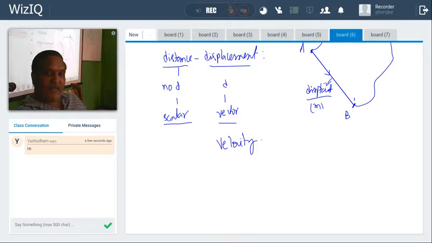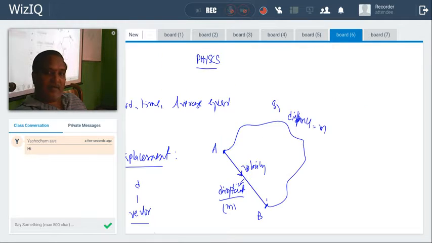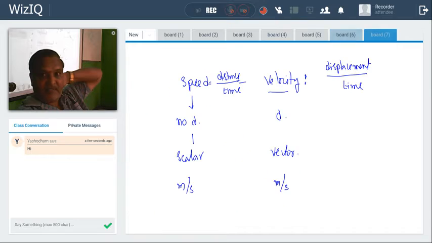But if you have directed speed, towards the displacement, then we call it a velocity. And here we call it speed. It has no direction. You understood? So the difference between speed and velocity is that. Speed is equal to distance by time and velocity is equal to displacement by time.